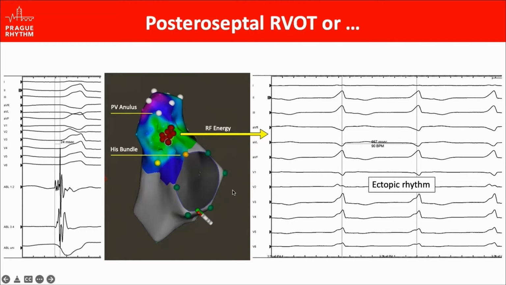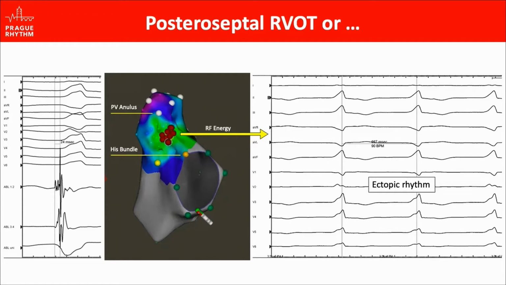Actually there was a very good acute effect here with suppression of the PVCs, and we decided to put some more ablation, like safety ablation, in close proximity to the first application. During this ablation, we saw this ectopic rhythm that was very transient, but had identical morphology as clinical PVCs. And after 50 minutes of waiting, our clinical PVCs were coming back.